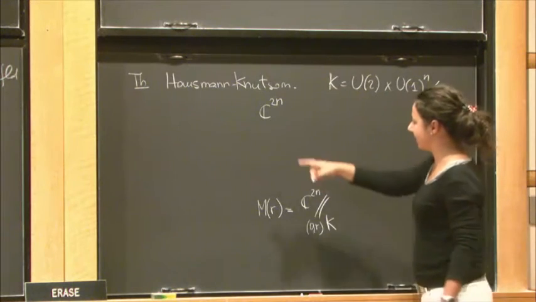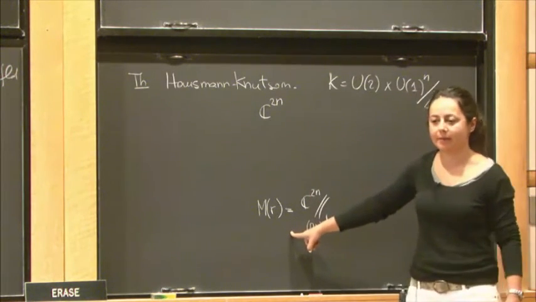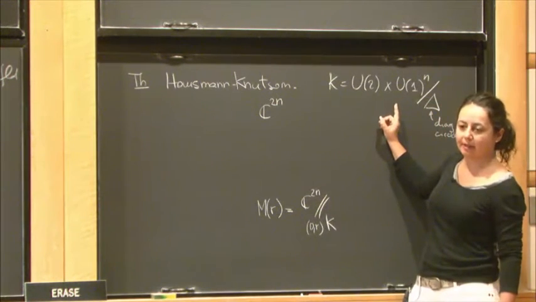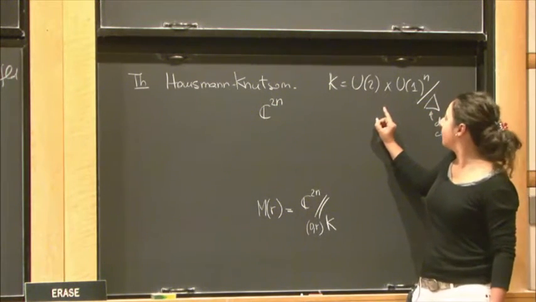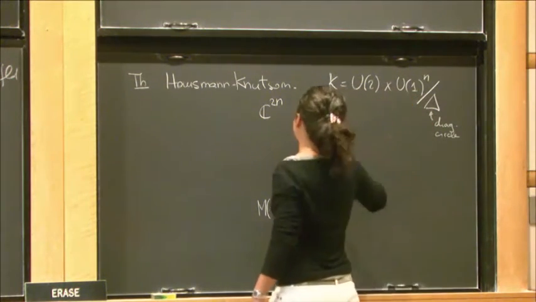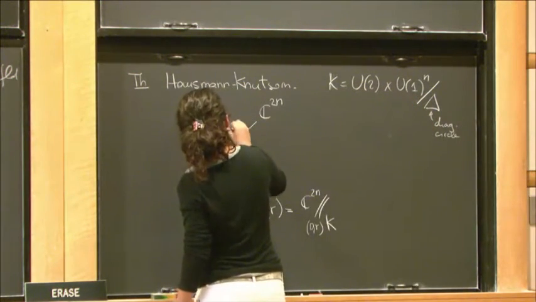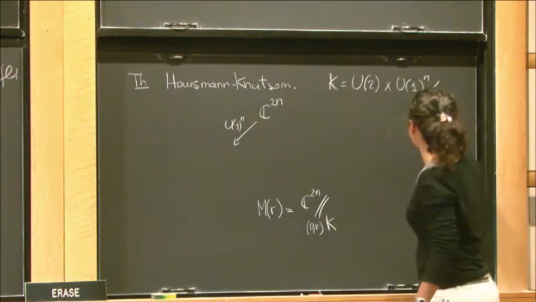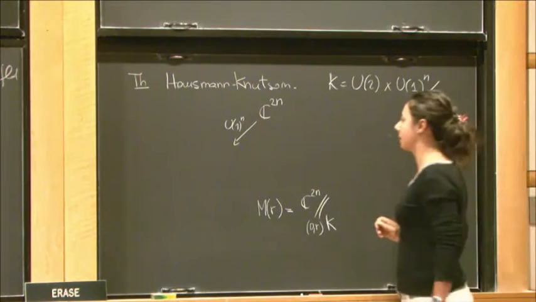So I wrote it in this kind of funny way because now I want to remark that it is interesting to perform the symplectic reduction in stages. If we first consider the quotient by the torus, let me be a bit sloppy on the diagonal circle in here.